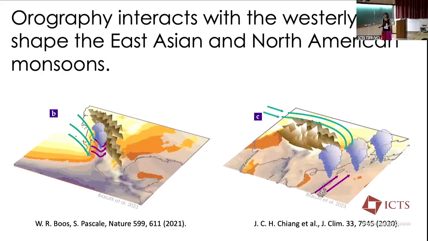And the papers to go to are here: Booth and Pascale in Nature, and among others, Chang et al. But there's more, but these are the ones I like, and I remembered. But yeah, so orography is important. We're not going to deal too much with the mid-latitudes, as it is really outside the scope of this talk, so we're not gonna go there.